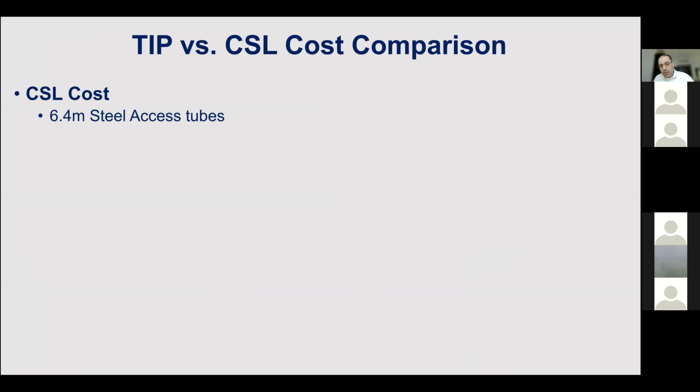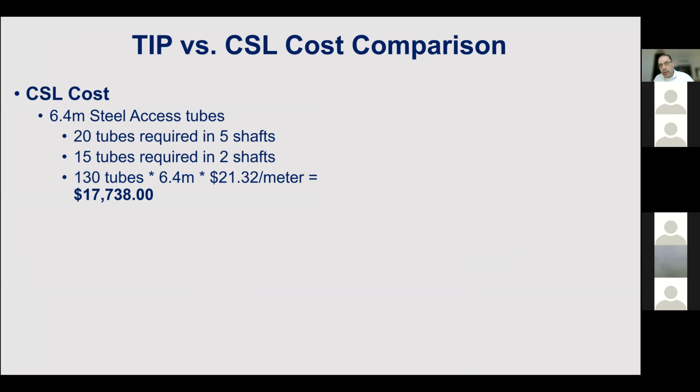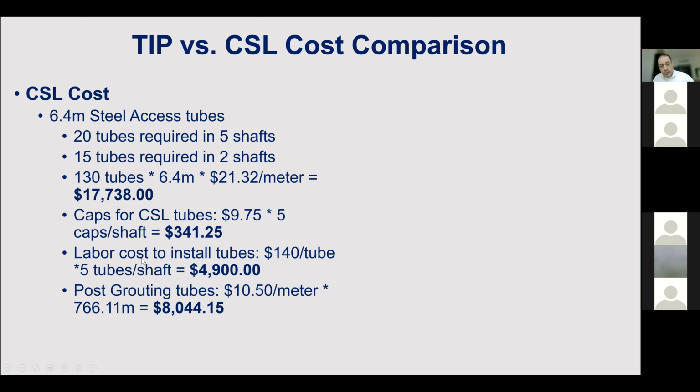So the CSL costs were identified depending on how many tubes and how many for different shafts, the cost unit of the tubes, the cost unit of the shafts, caps, the cost of the labor, the cost of the post grouting, and so the material cost was estimated at about 31,000.